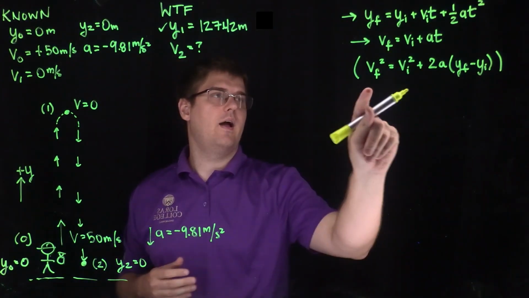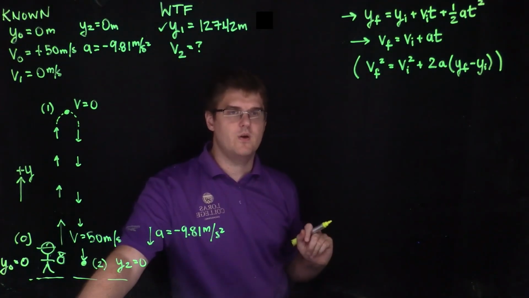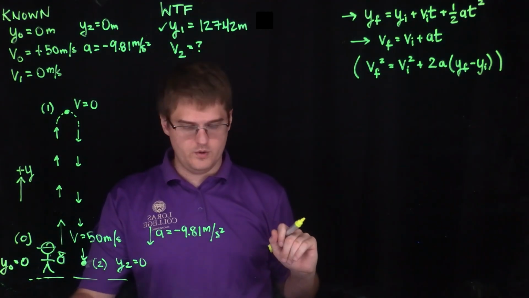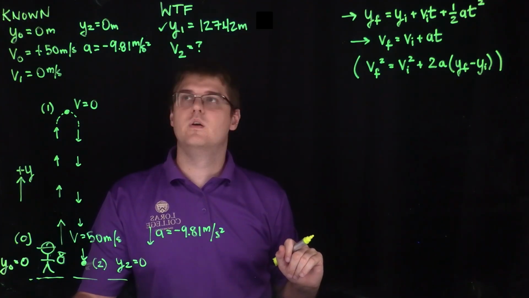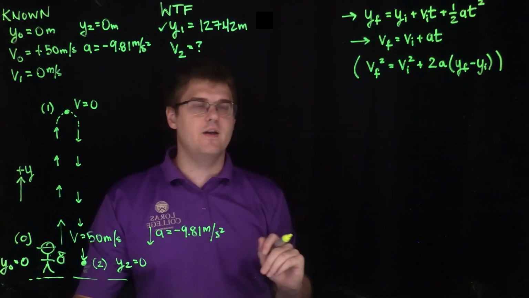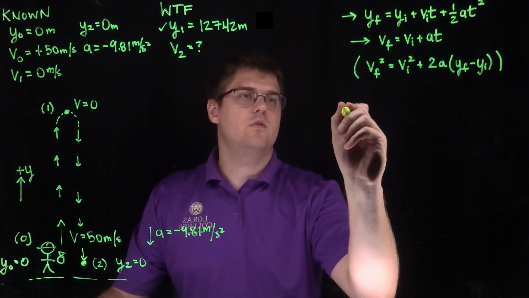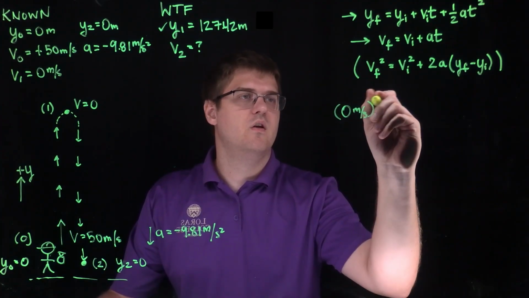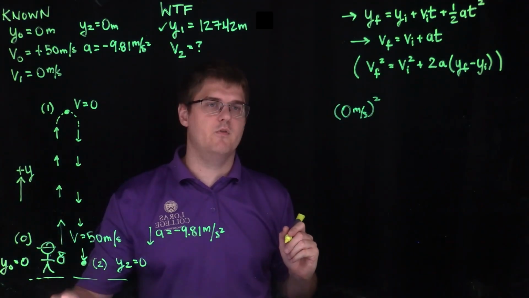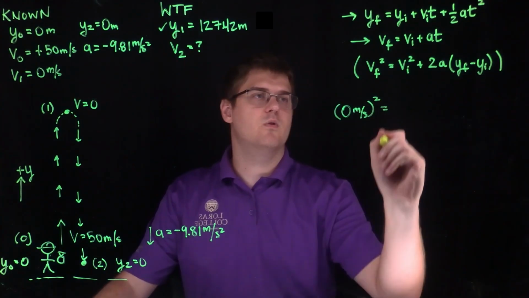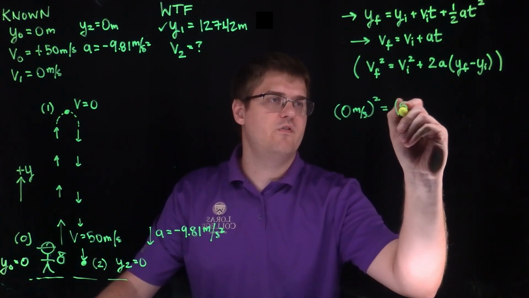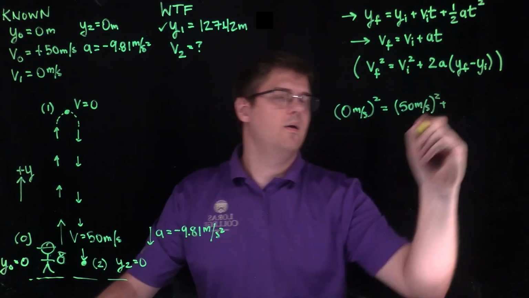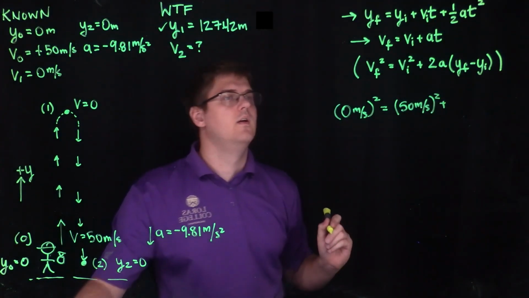However, I also have this bottom way, which is going to go faster, because it's one equation and we only don't know one number in it. So what I can do is say my v final squared is going to be 0 meters per second squared, because at the top I'm not moving, is going to be equal to my initial velocity squared, so 50 meters per second squared. Might have to not write units on the board.